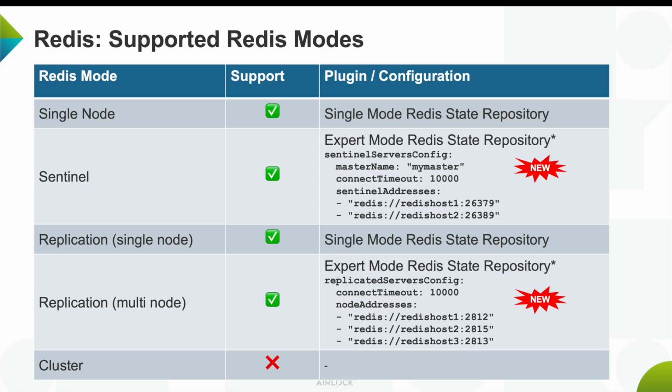The replication mode can be set up in such a way that you just talk to one single Redis node. There you can still use the single mode Redis state repository. And replication can also be set up in multi-node mode. So you talk to several nodes. There you have to use the expert mode Redis state repository. The cluster mode is not supported by Airlock IAM.